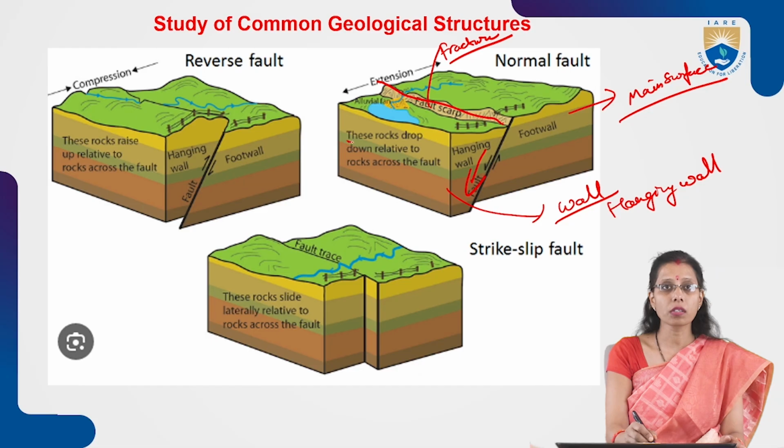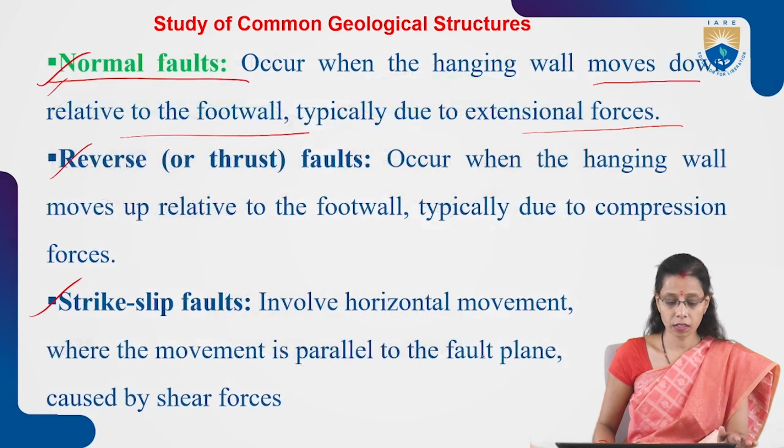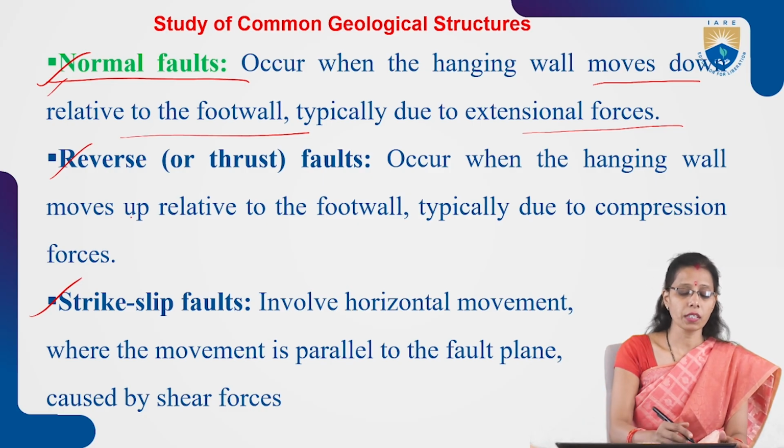So these rocks drop down relative to the rocks across the fault. This kind of fault we call a normal fault, where from the main surface, due to tectonic activities, the hanging wall comes down.